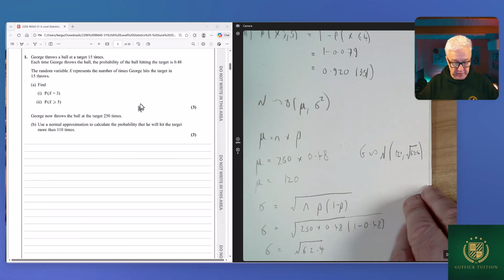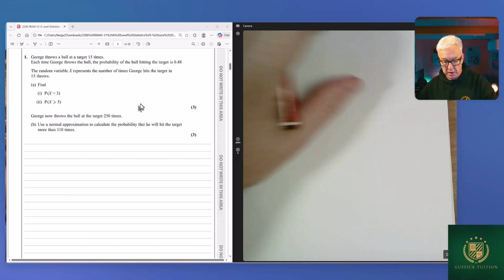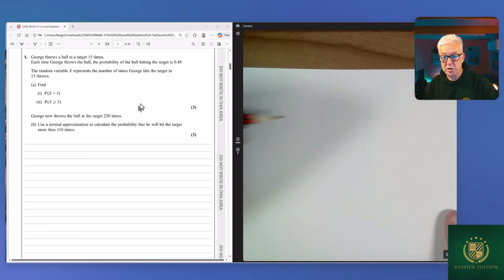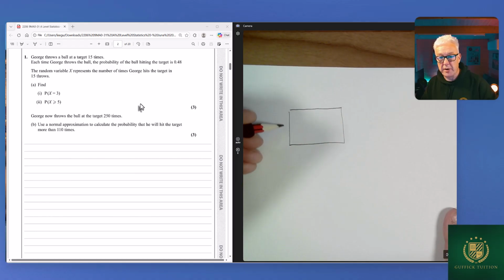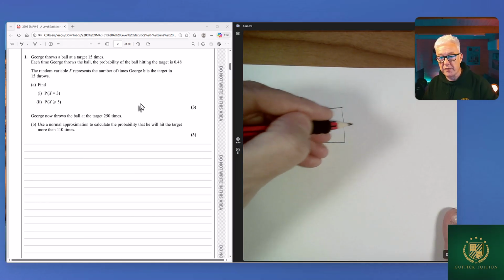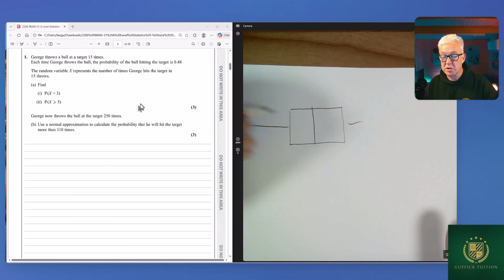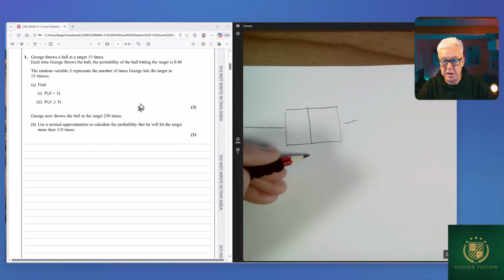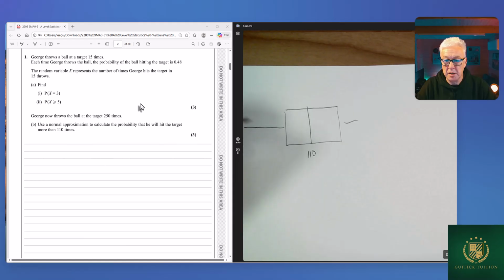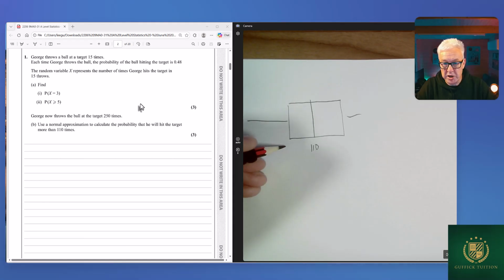Now, because we're going from a binomial distribution to a normal distribution, we need to apply a continuity correction, because we're going from a discrete to a continuous distribution. Now in the binomial, basically you could only do it 110 times. But when we're using a normal approximation, we need to think about the upper and lower bound.